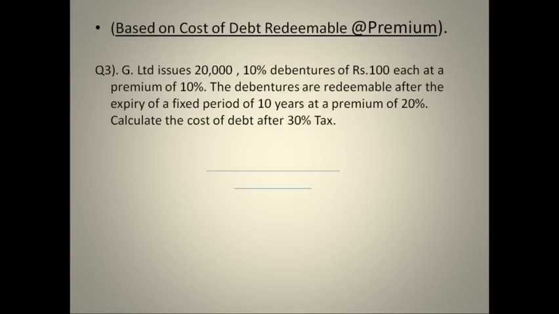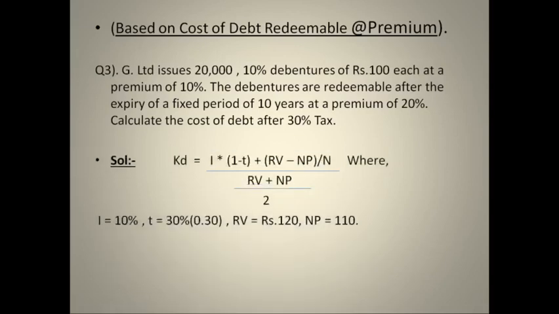Okay, so we got the value of RV orally, we got the value of NP, which is nothing but the net proceeds orally. Okay, smart thinking. Okay, my dear friends? Fine. So what we will do is simply apply the formula, identify the different values of interest rate, which is given to you as 10%, tax rate is given to you as 30%, redeemable value we discovered it to be 120, fine, and net proceeds we already discovered it to be 110.